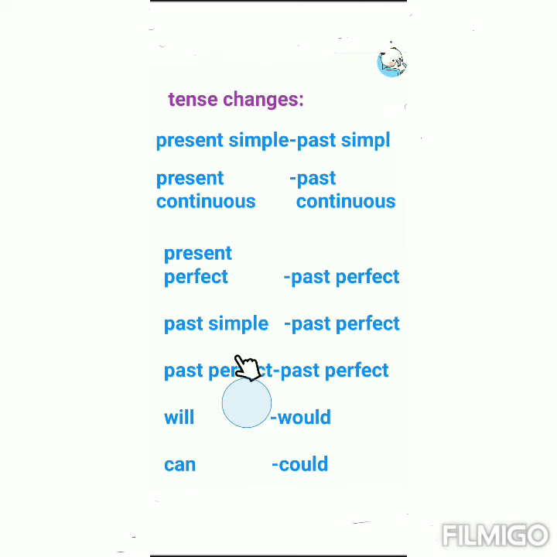Past perfect can be retained as past perfect or it can also be changed to past simple. The word will is written as would in the reported speech, and can in the direct speech is to be converted to could. So these are the changes you have to do in the tense format.